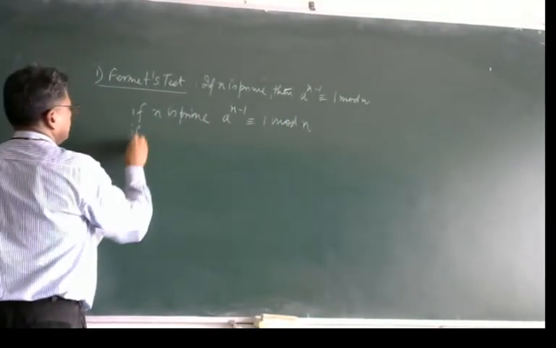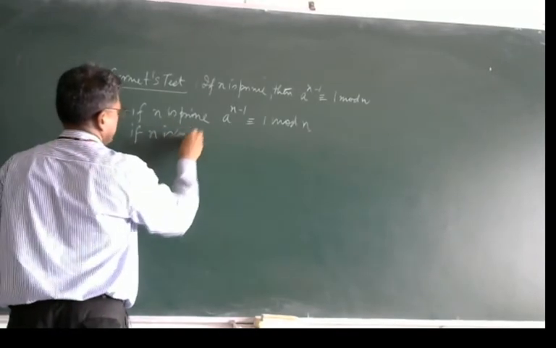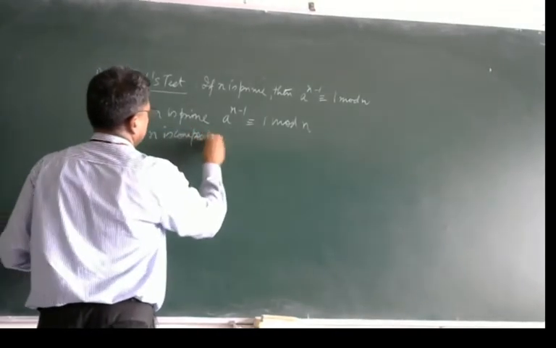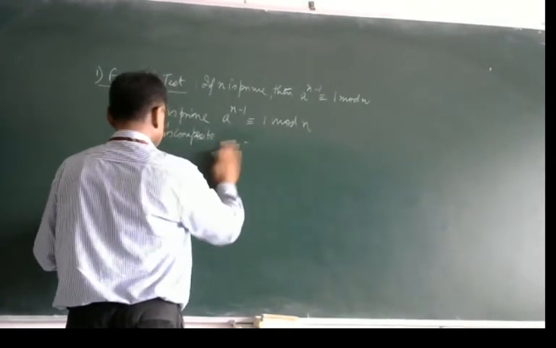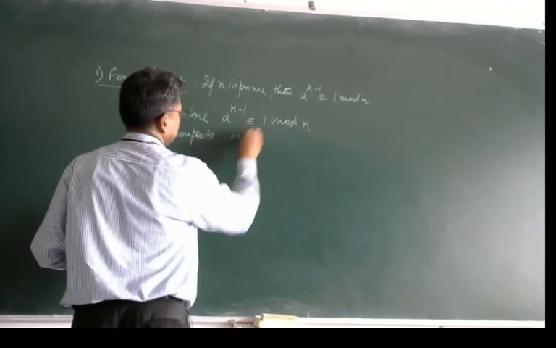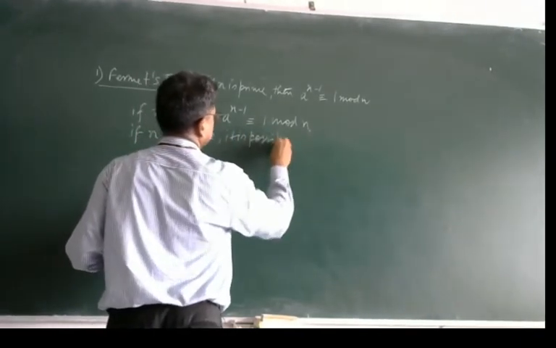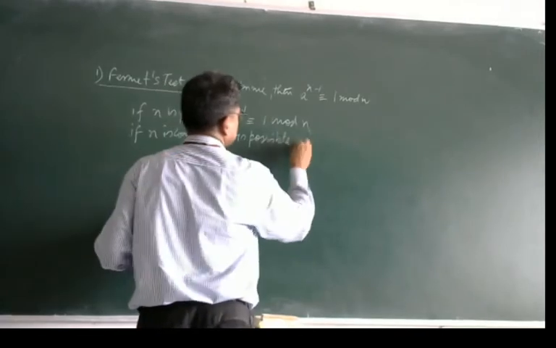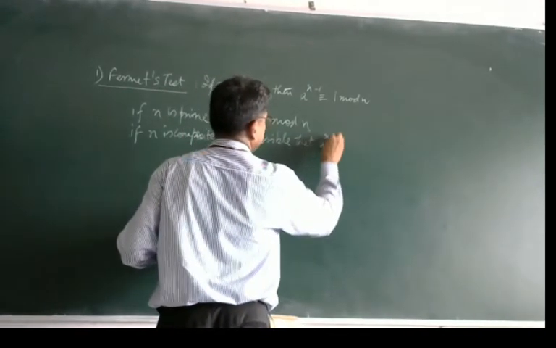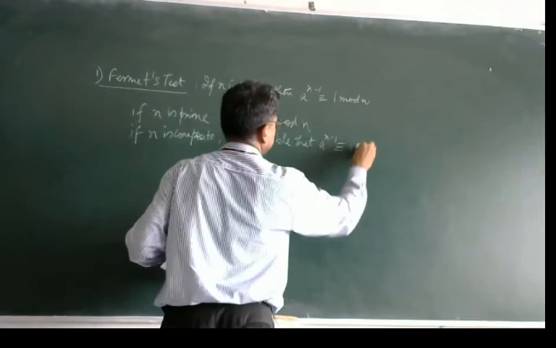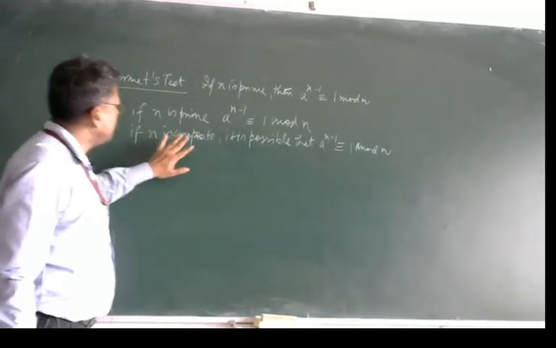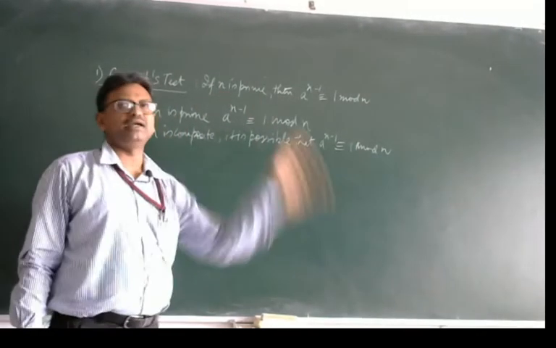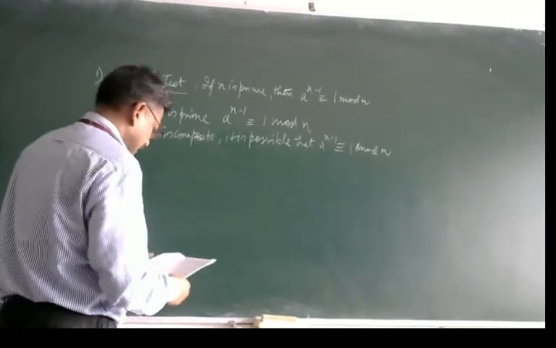But if n is composite, then it is possible that a to the power n minus 1 is congruent to 1 mod n. See the difference. If n is prime, it will give the correct result. But if n is composite, it is possible that a to the power n minus 1 is equal to 1 mod n.